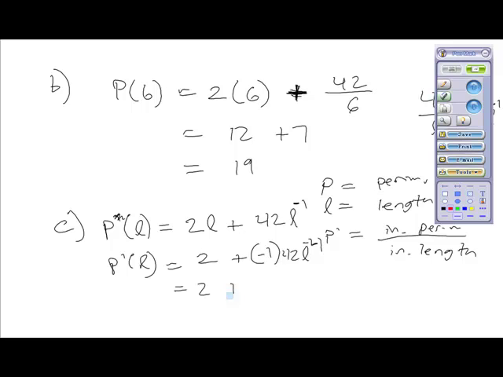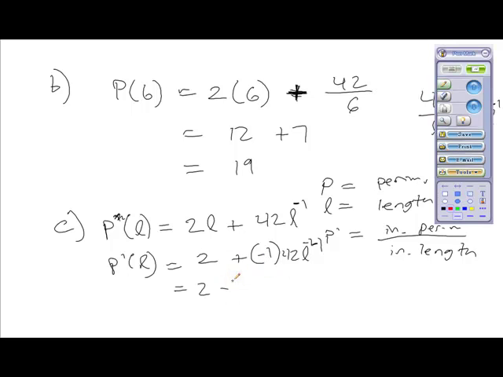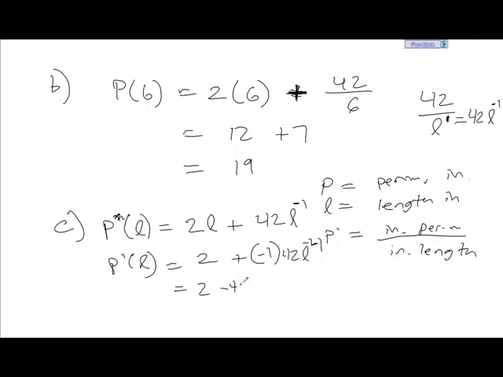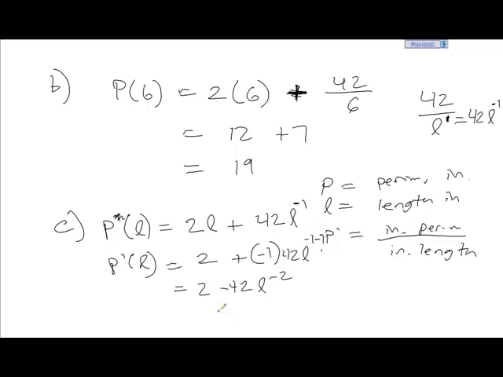Now I have a minus, because I have a negative 1 times 42. I have minus 42 L to the negative 1 minus 1, which is negative 2. So now I have a derivative function, and now I can evaluate P prime of 6.